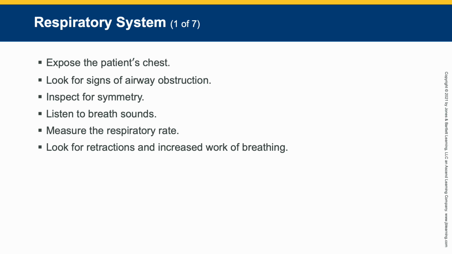Any abnormal findings should immediately shift your mindset towards airway management and oxygen support. Breathing complaints are often time sensitive, so this assessment should be quick, targeted, and followed by immediate interventions as indicated.